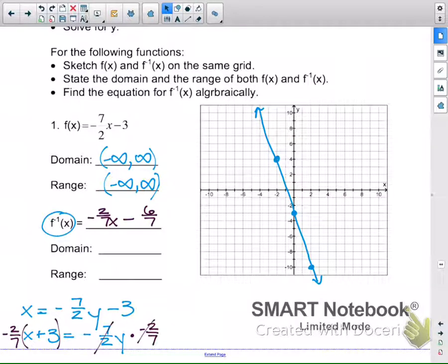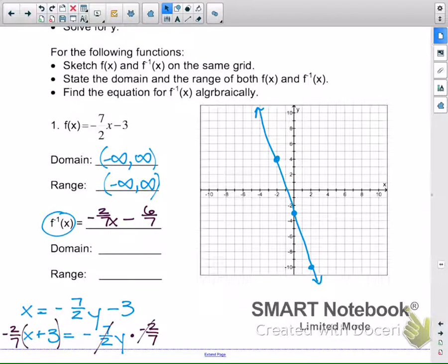You could, of course, graph that just like a normal line. You would start at your y-intercept of negative 6/7, and then from there count negative 2 and over 7. Now, it's a little bit non-specific to try to graph negative 6/7.